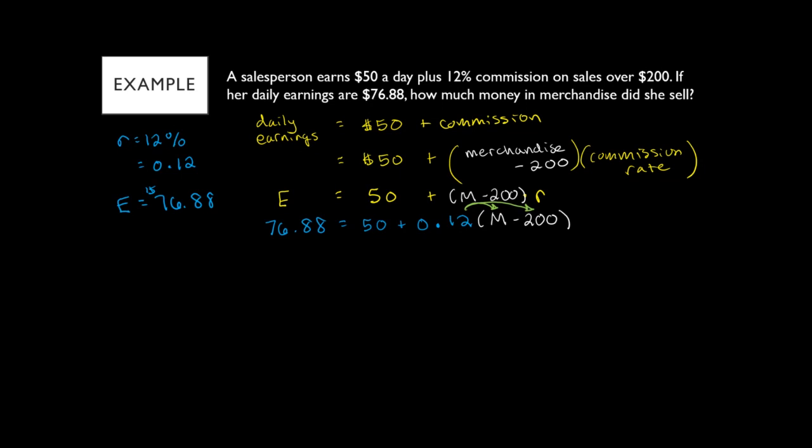And I have to multiply it by the M and the 200. So our next line is going to be everything on the left is staying the same. We're not doing anything to that. We're not changing the 50. We're going to have 0.12 times M, which will just become 0.12M. And then 0.12 times a negative 200.